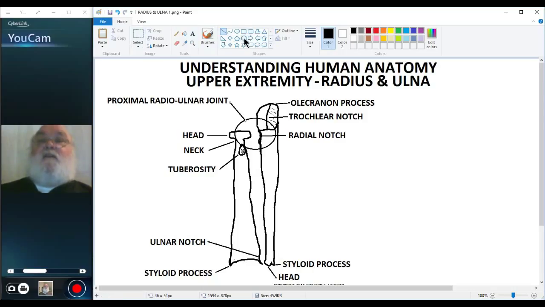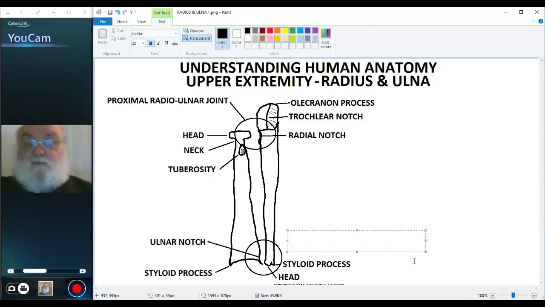At the distal end, down here, we have another synovial joint. This is the distal radioulnar joint.